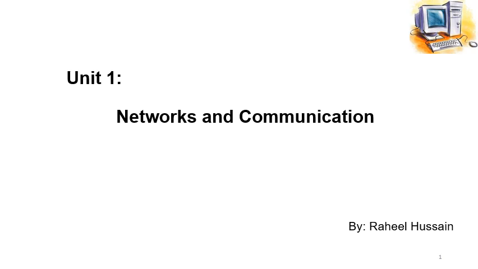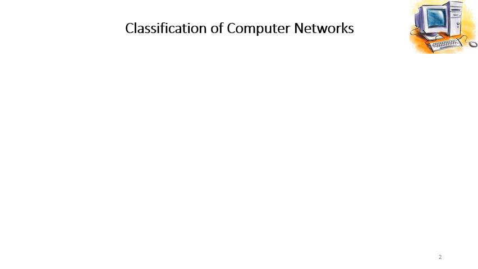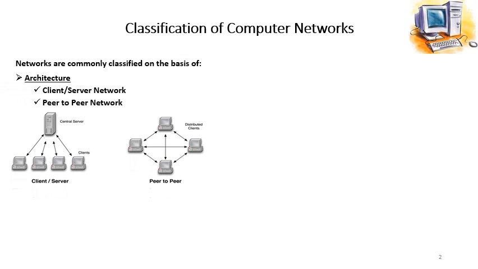So we are in unit 1, which is networks and communication, and we were discussing the classification of computer networks. In the last class we studied the classification of networks on the basis of its architecture, that is client server network and peer-to-peer network.